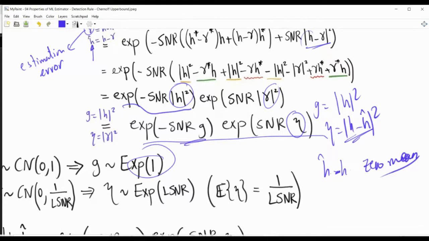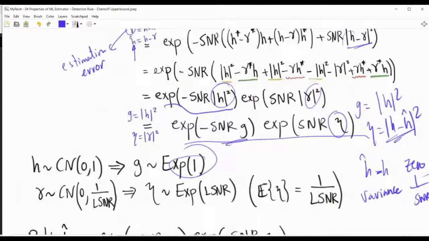And we computed the variance: the variance is 1 over L SNR, which I did above. And so gamma itself, which is the difference, is a circularly symmetric complex normal with zero mean and variance 1 over L SNR. If you take the magnitude squared of this, you get eta, which is exponential with parameter L SNR.